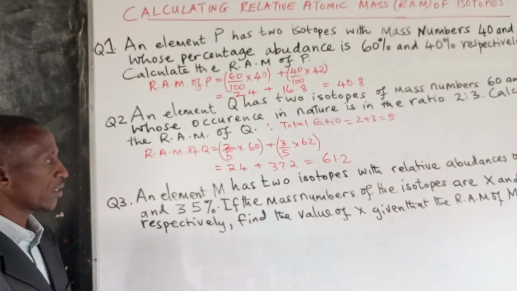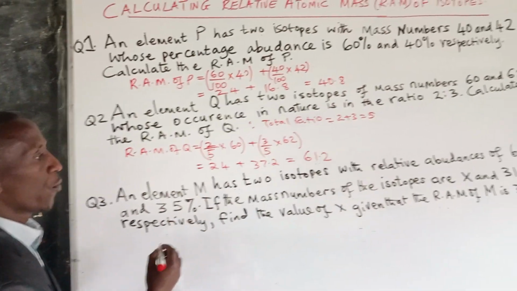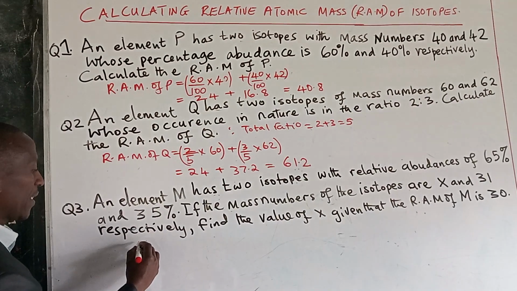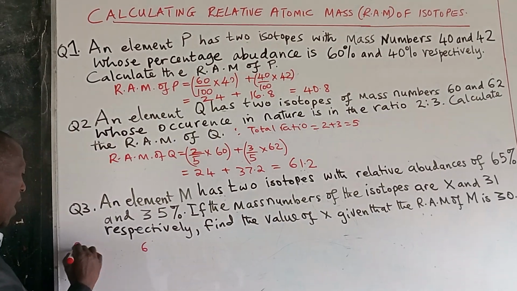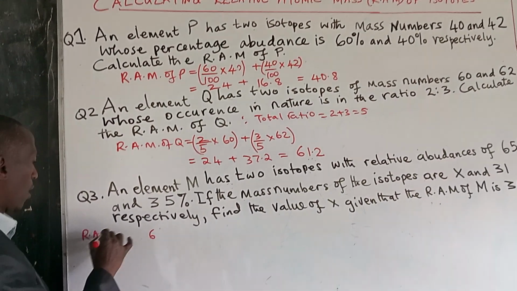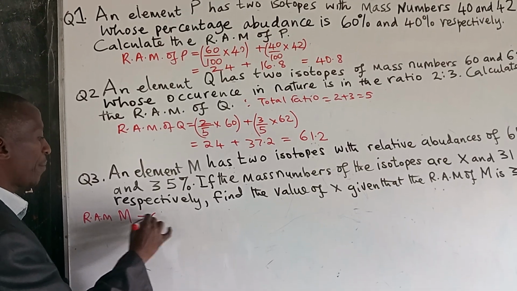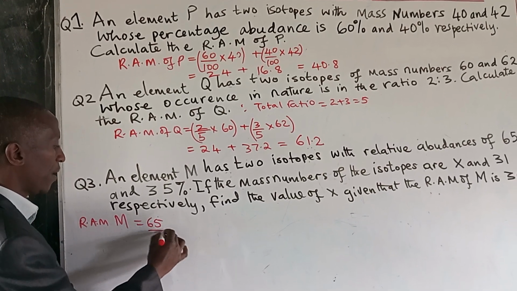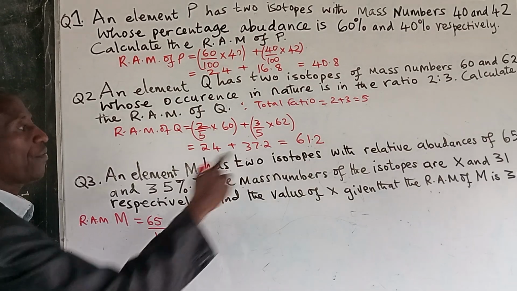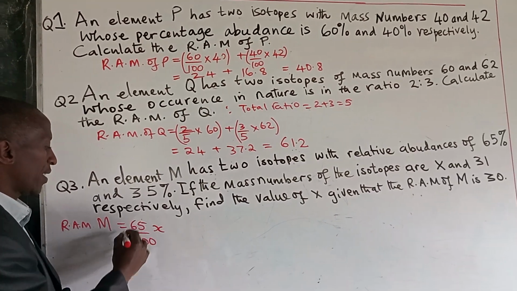Now let's go to the question. We have the percentage, that is the RAM of element M: 65%, and the first mass is unknown.